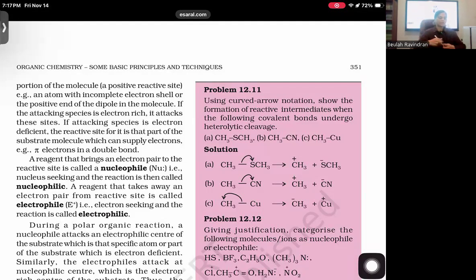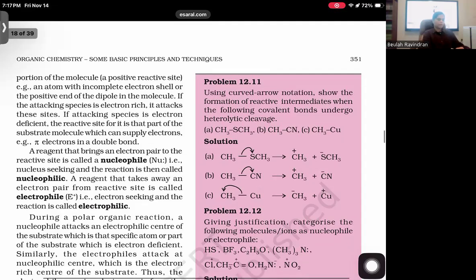The substrate can be electrophilic or nucleophilic, and for the reagent we usually name it nucleophile or electrophile. Keep in mind, what is an electrophilic substrate?